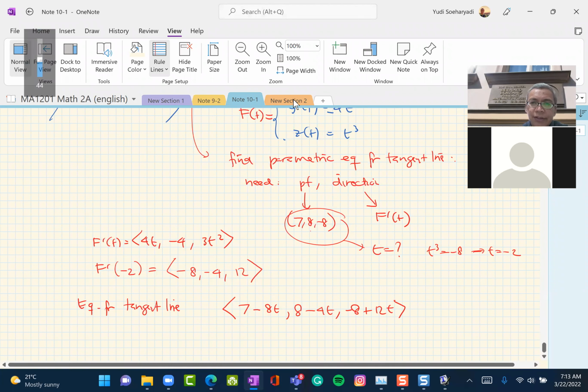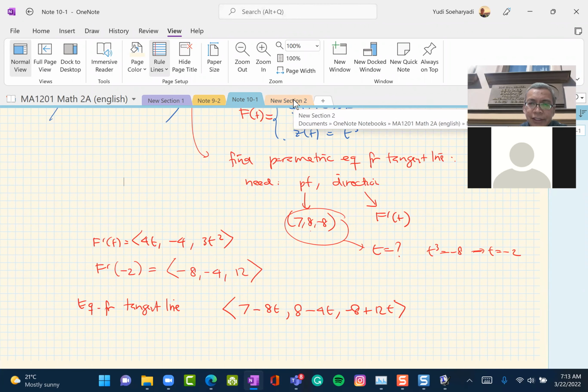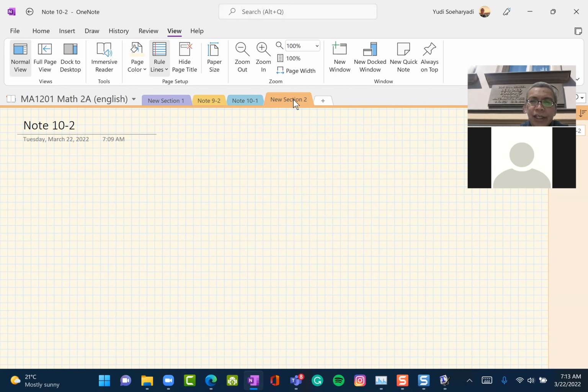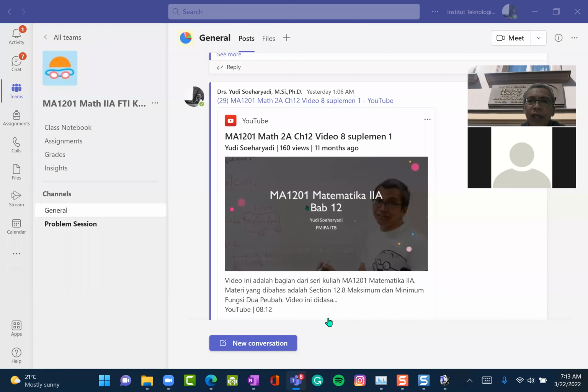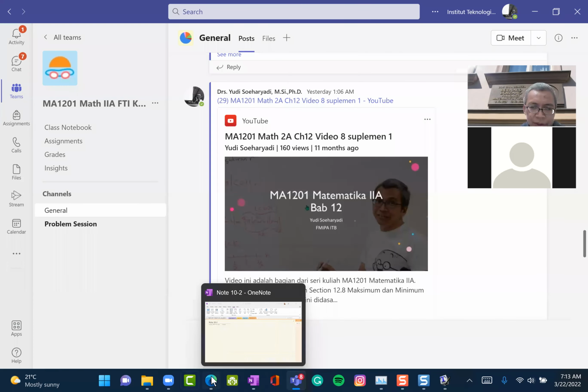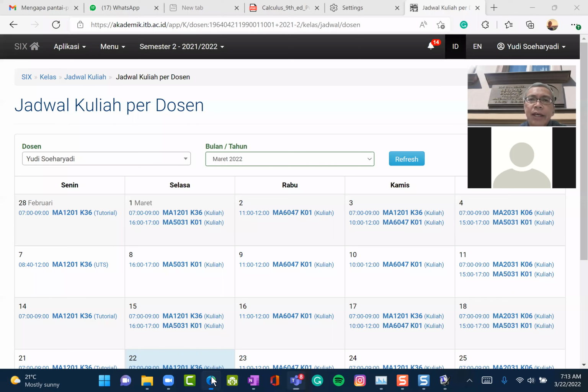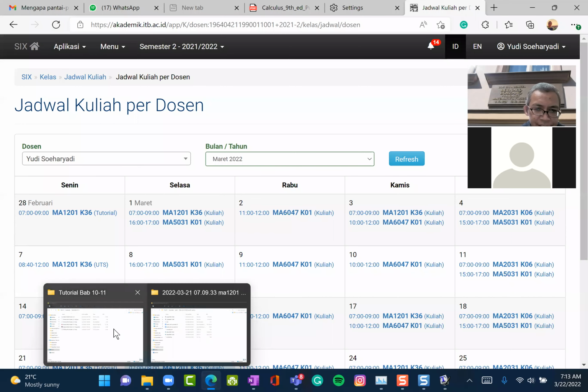All right, so let's start our session with some examples from the worksheet that I shared with you also. So let's open this one. Okay, just do this one.